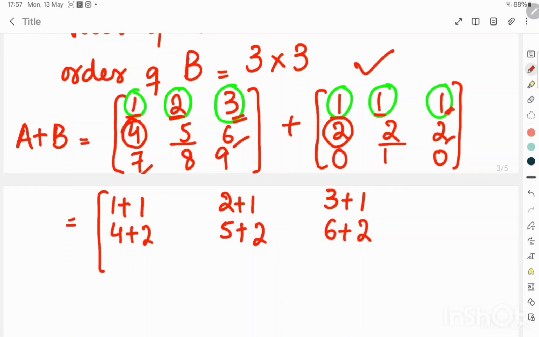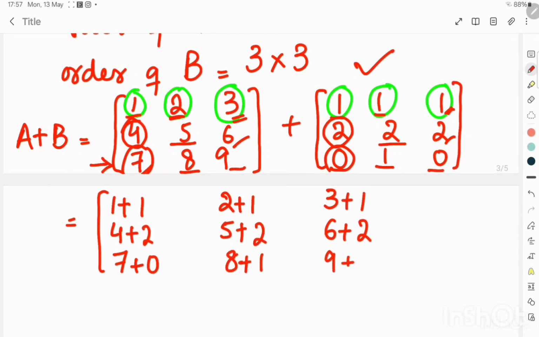Now there is the turn of the third row. So the first element of the third row is 7, and here the first element of the third row is 0. So I will add 7 plus 0. Then 8 plus 1, and then 9 plus 0.